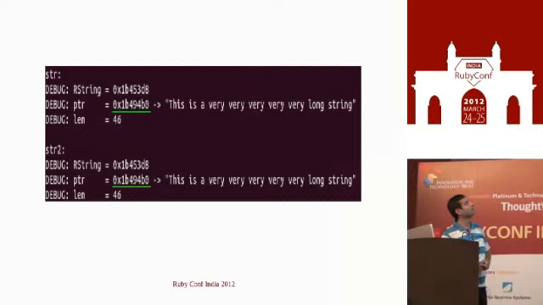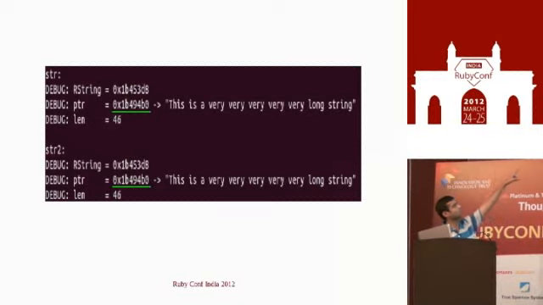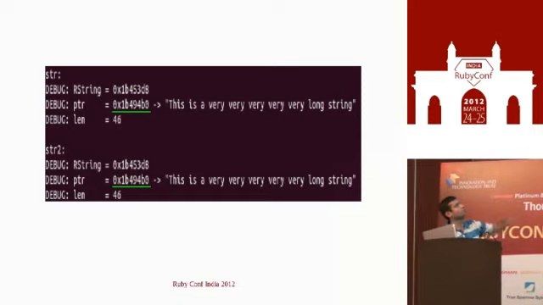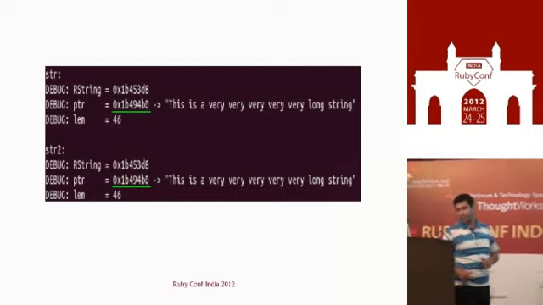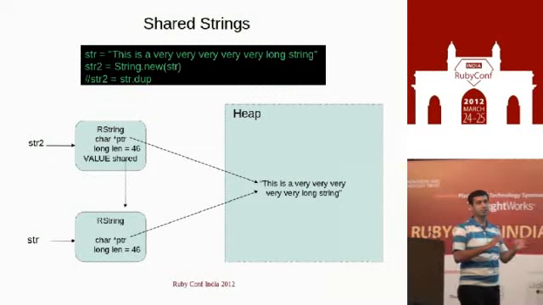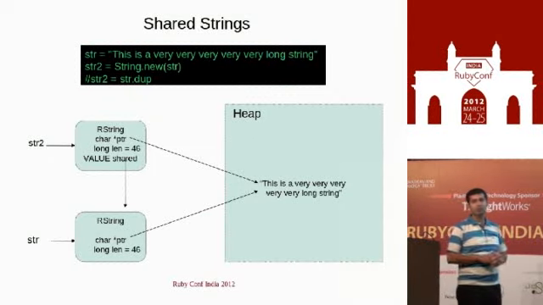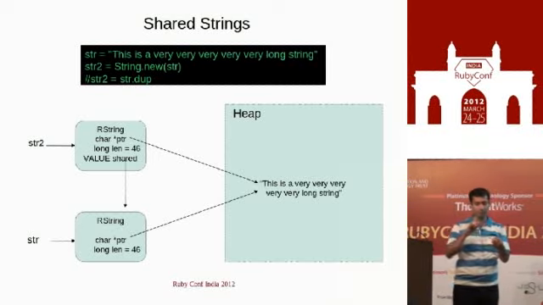If you notice, the address of the RString struct is the same, and the pointer is also the same. So both share the same location. Now let's take an example of this one. This is the concept of shared strings. Here the shared value would come into the picture. So in Ruby we have three things.